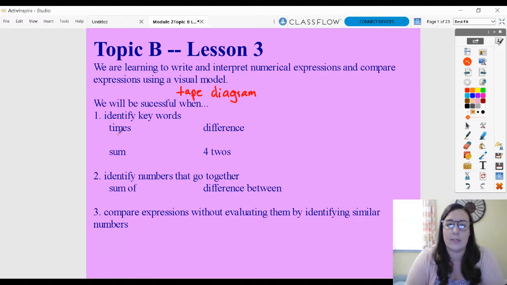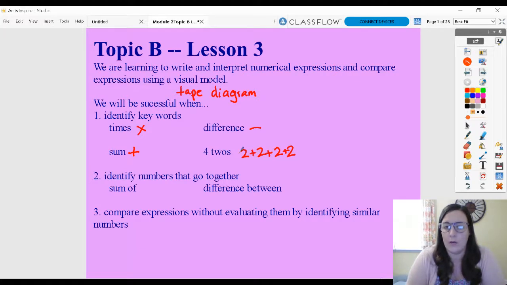They're going to use words like times, which means to multiply, difference, which is a keyword for subtraction, sum is a keyword for addition, and then you're going to see something like this. Like this is 4 twos. They have the number and then they have the number in word form. Well, if you think about 4 twos, that's like a repeated number sentence.